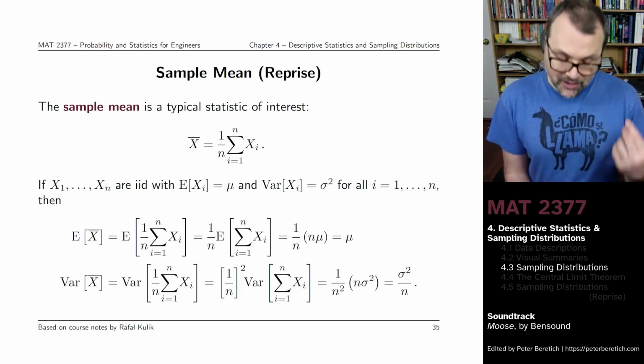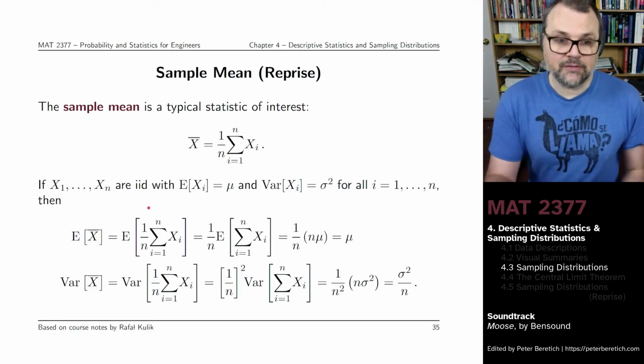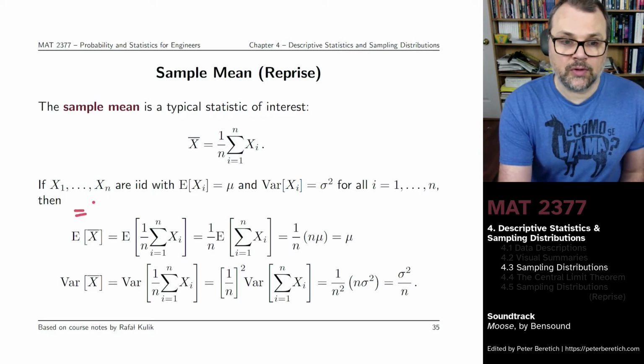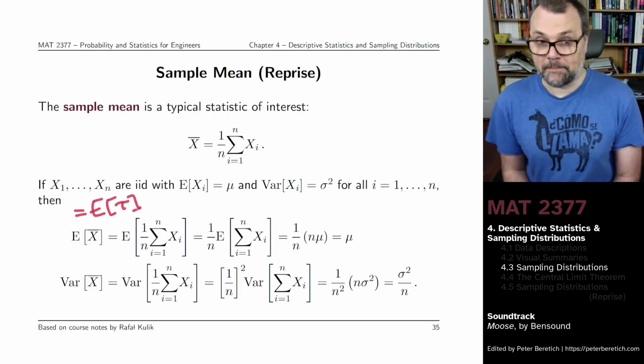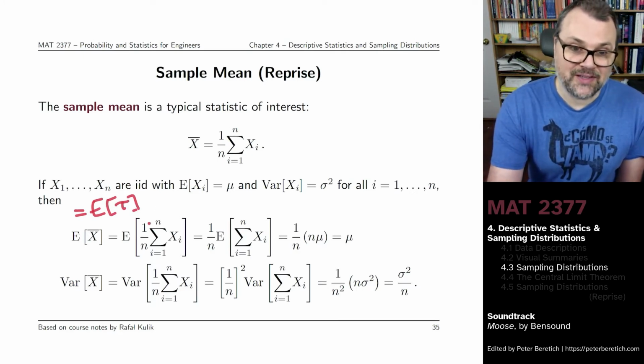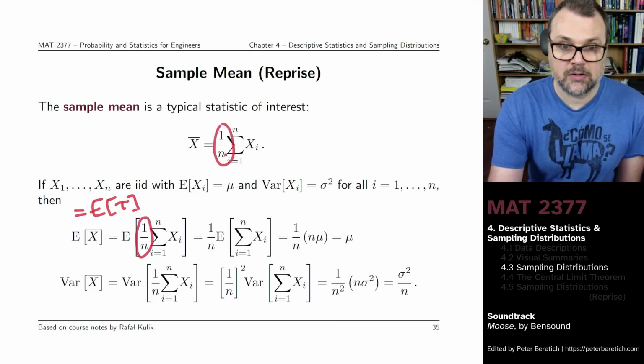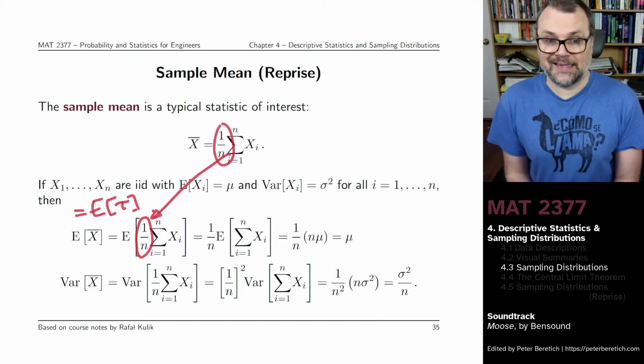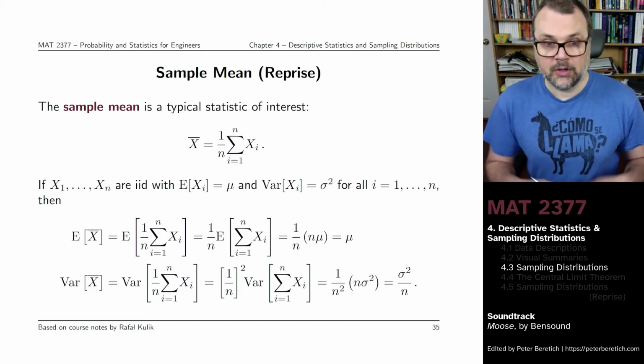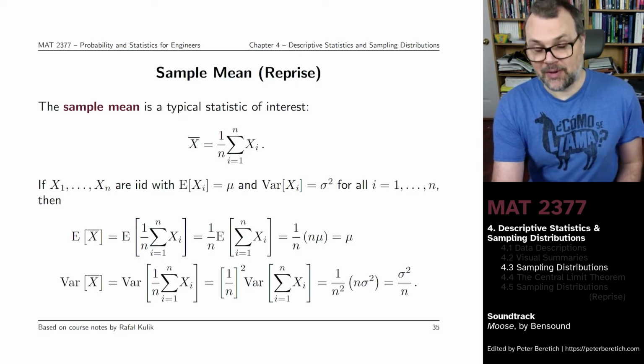And now you have to be careful. The expectation of the mean is not in general going to be equal to the expectation of the total, which was the sum, because we have this extra term here, 1 over n. It's a constant, so we can get it out of the expectation operator. We have 1 over n times the expectation of the total.